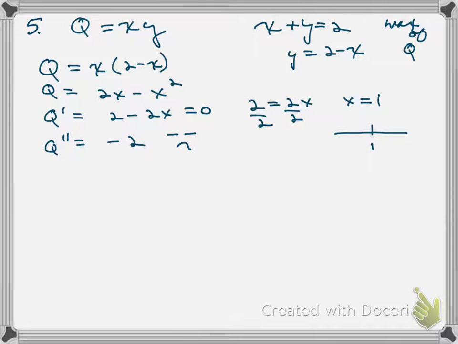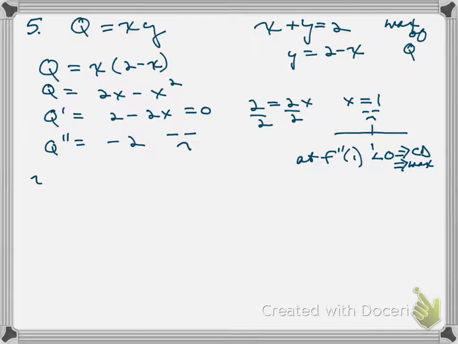When I did that, I got a negative, and I would say at f prime prime of 1, that function is less than 0, which means it's concave down, which gives me a max. So here's your sign chart and your statement.